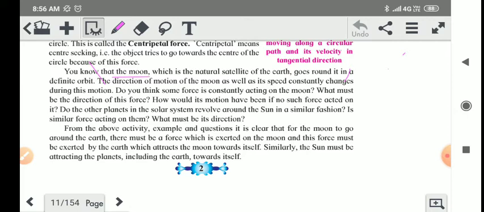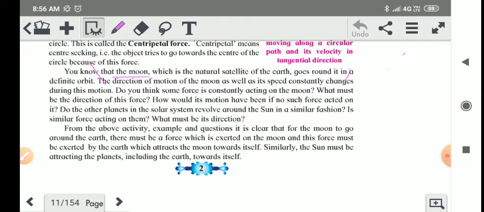And if there is no such force, then, same as in the case of the stone, if no force is applied on the stone, the stone will fly off in a tangential direction. Similarly, if there is no force between earth and moon, the moon would also fly off in a tangential direction.